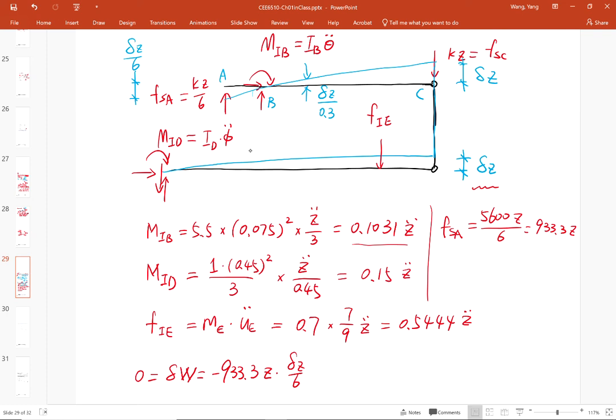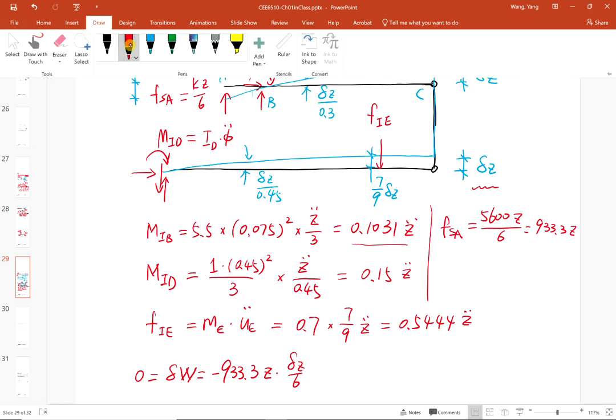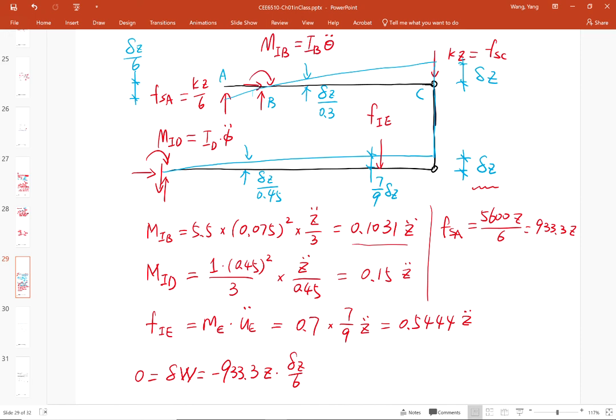And the quantity of this virtual rotation is delta Z divided by 0.45. Okay, while we're at it, let's also mark this displacement at E. So that is 7 divided by 9 of delta Z. So those are all the kinematics or the geometric analysis under this virtual displacement delta Z.